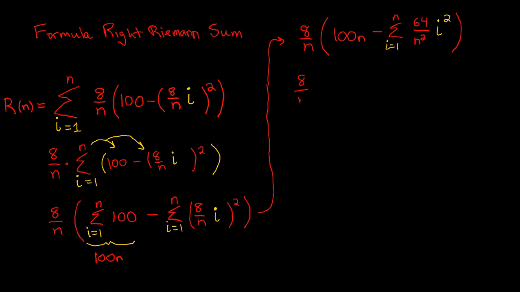So my next step is 8 over n times 100 n minus, okay, the 64 over n squared can now get factored out. And then you have the sum from I is equal to 1 to n of I squared. And I'll close that parenthesis. And there we go.